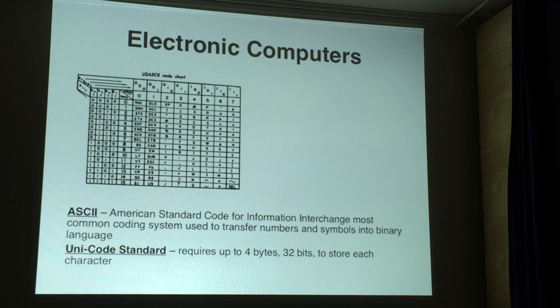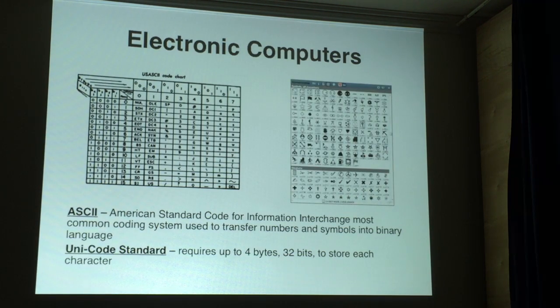The reason that we were able to do that is because the ability for computers to handle more and more information increased as the electronics became better, and so it was possible to use more and more to designate each symbol. And this is what that looks like. And you see there's a lot of interesting little symbols that represent different information.